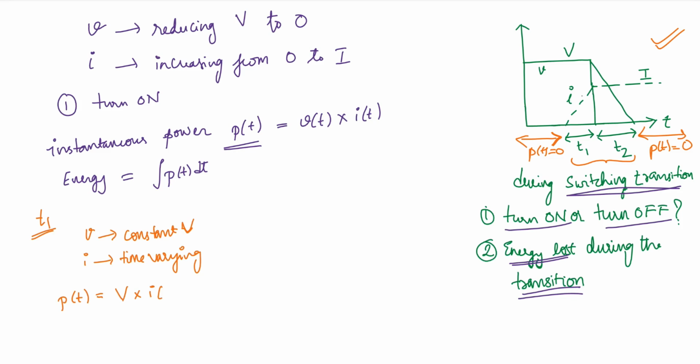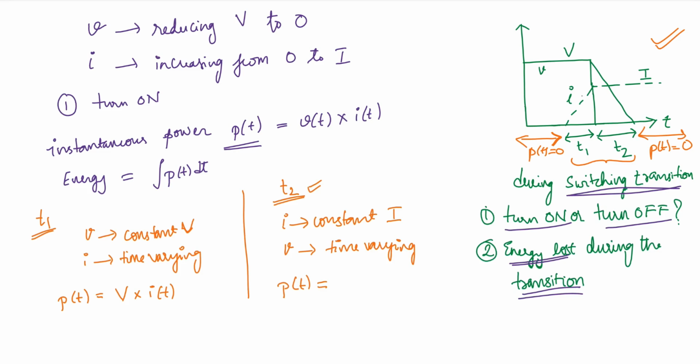Since I of t is time varying, we will simply write it as I of t. And what about the interval T2? Here the current is constant, and the constant value is I. And voltage is varying with respect to time. So the instantaneous power at any time t during this T2 interval is equal to I times V of t.